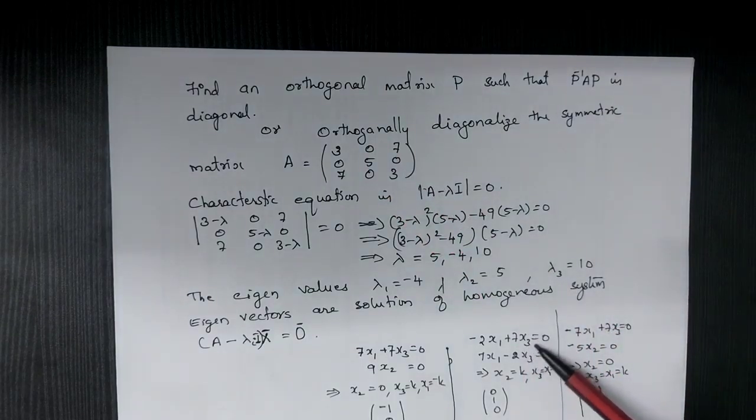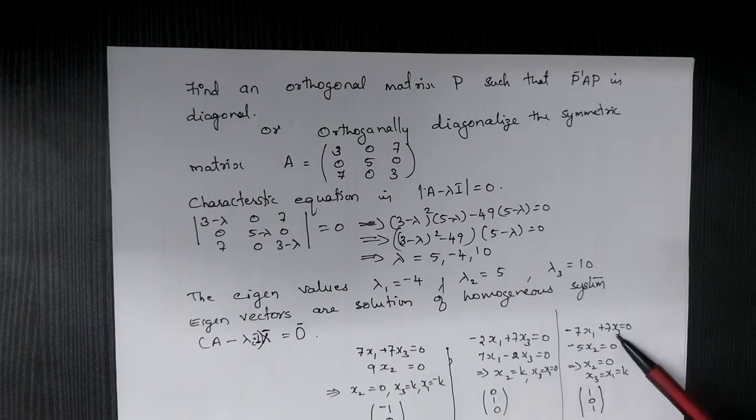So you get only 2 equations. And actually here x2 is not in the picture, which means x2 can take any value. We get x3 and x1 to be equal to 0. So by giving a value for k, we get the eigenvector as 0, 1, 0.